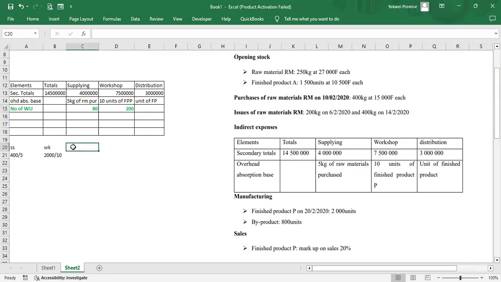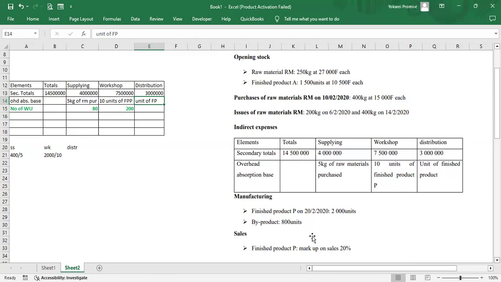So for distribution, when we look at the question, we have the initial stock. So the units that we are going to have for your finished product will be the actual units that we are going to have as our sales unit, the actual unit that we are going to sell, because none of it was given.